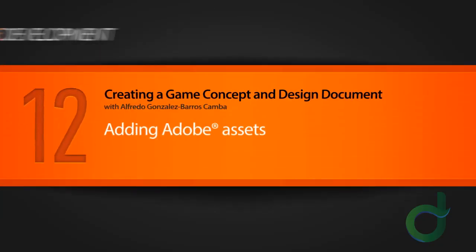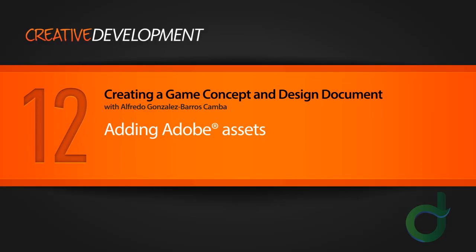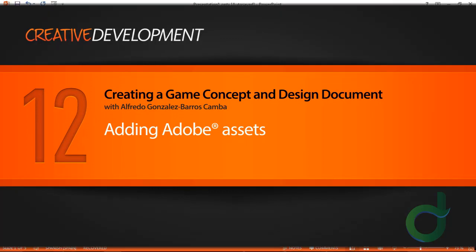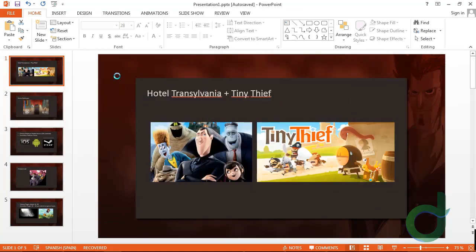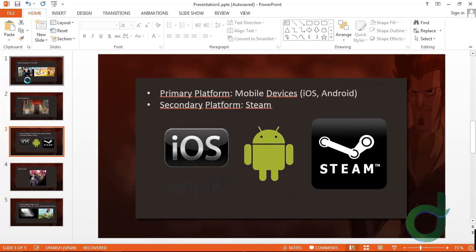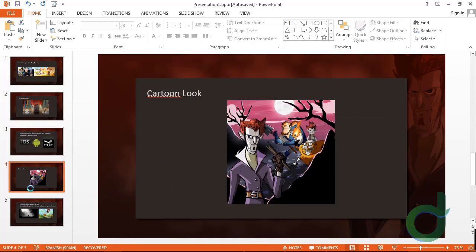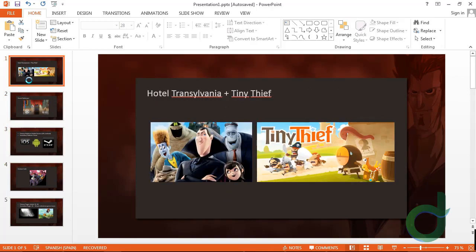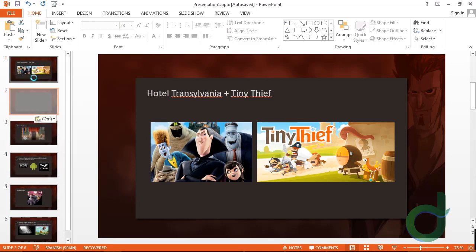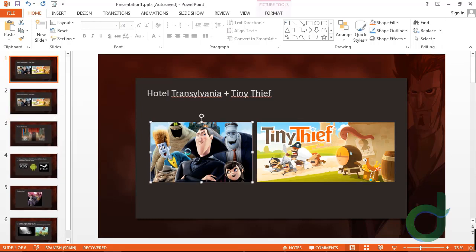In this lesson, we're going to finish our pitch document by adding the assets that we created in Photoshop. Okay, so we're back in PowerPoint with our 5 slides, and we're going to create a copy of the first one and use it as a cover.